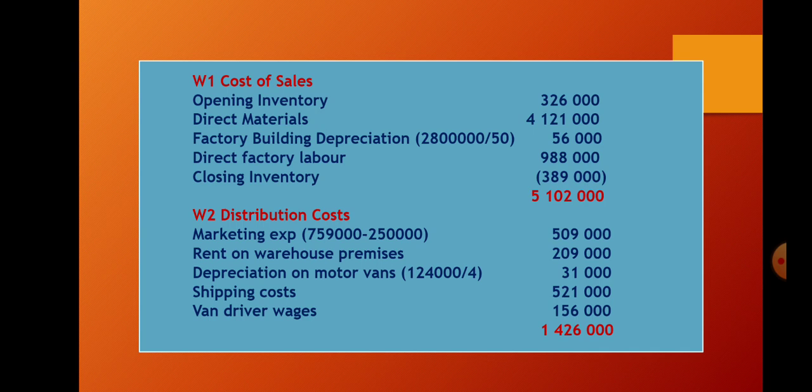Then rent of warehouse premises, which is a storage cost, that should be taken. Then depreciation on motor vans. Again, we need to calculate cost over estimated life of asset. The next, shipping cost is a transportation cost. So it should be coming under distribution cost. Then van driver wages also is a distribution cost. Then the total of distribution cost is 1,426,000.